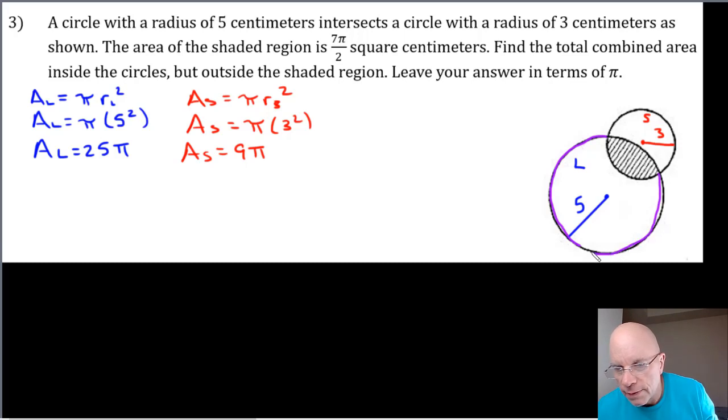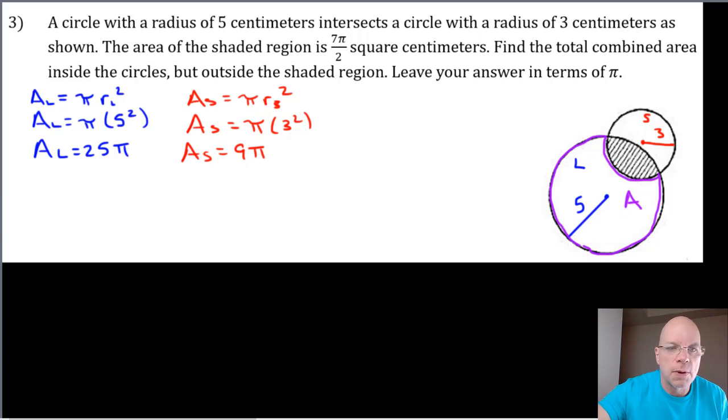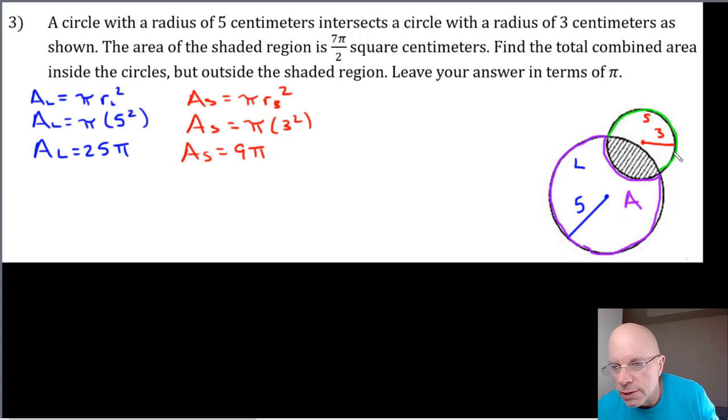Not easy to do on the writing tablet, but if I define the area of the large circle, not including the shaded area, I'll just call that A. And then for the small circle, I define the area inside of the small circle but outside of the shaded region as B.